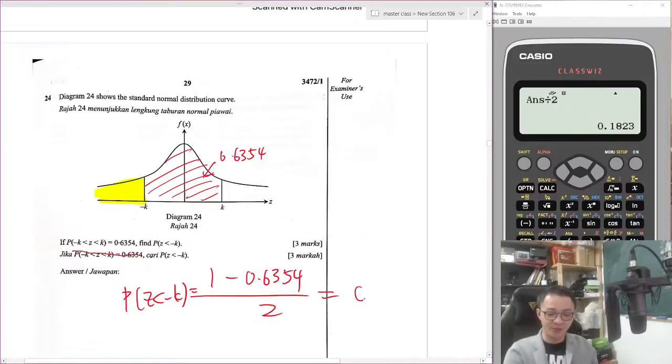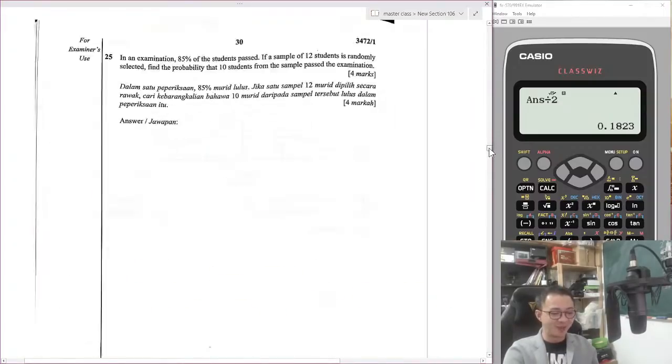So yeah, 0.1823. Normally in MF, I try to ask my students to skip some steps because there are too many steps already. But in this topic, you kind of need to add more steps to make it look nicer.